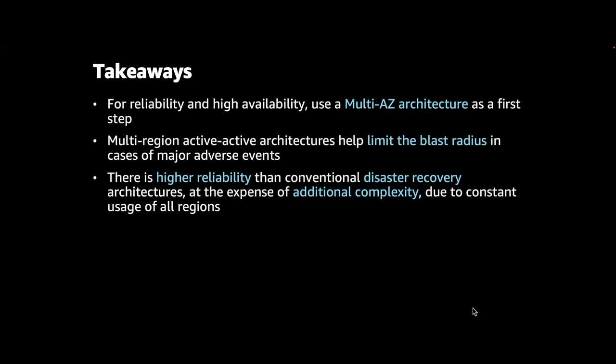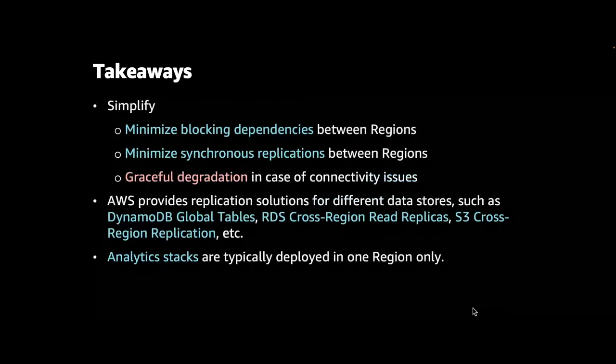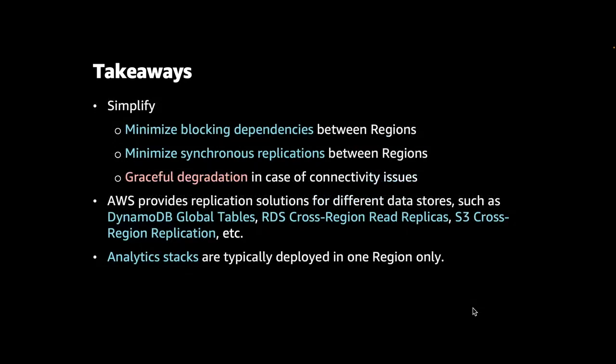And some of the key takeaways. Remember, only use that as a first step. Multi-region active helps to limit the blast radius in case of major adverse events, and this is one of the key things you need to consider. But in order to simplify, try to minimize blocking dependencies between regions, minimize as much as possible synchronous replication between regions, and use graceful degradation in case of connection issues.